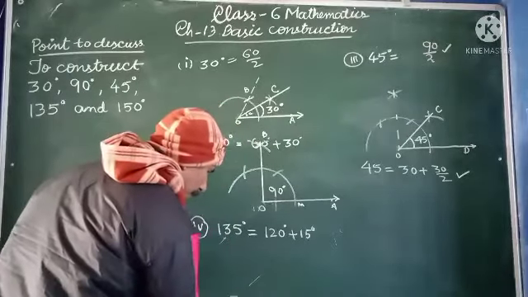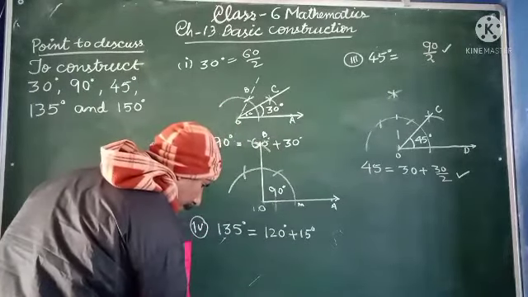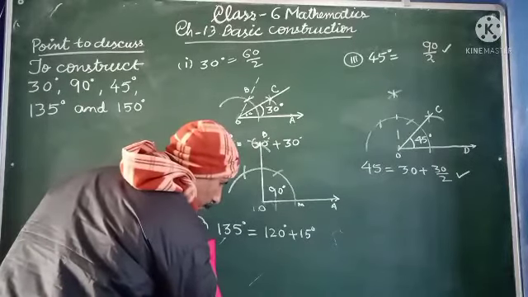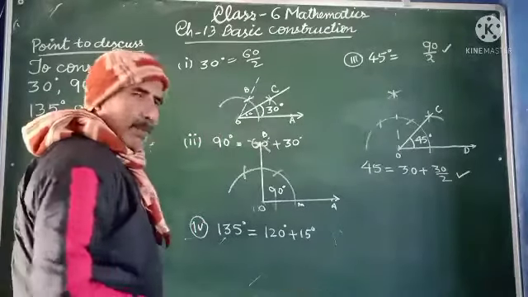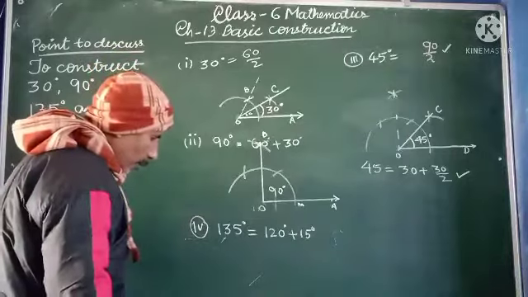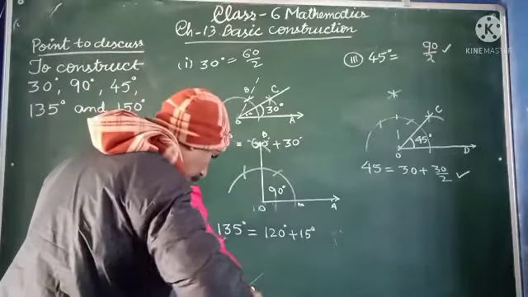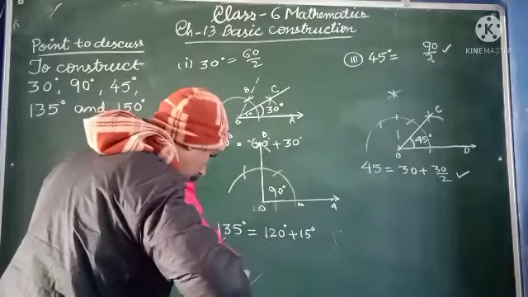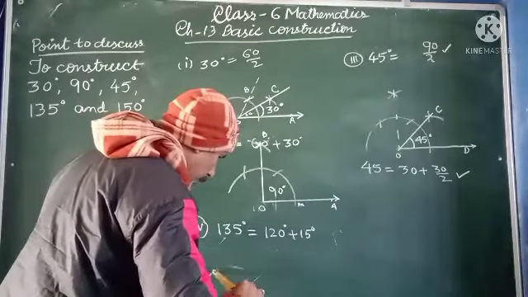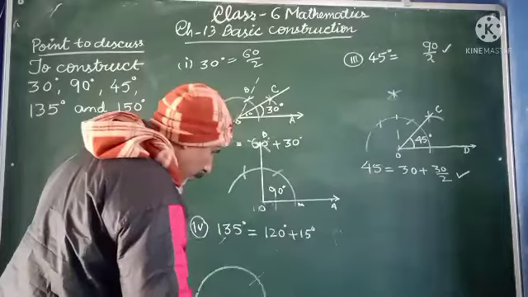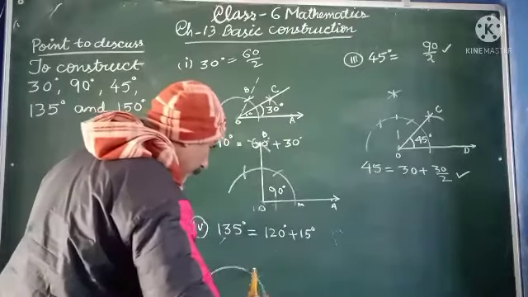This is 120 degree. I can mark it P and Q. Then with the help of compass we will draw 120 degree here. So this will be the 60 degree.